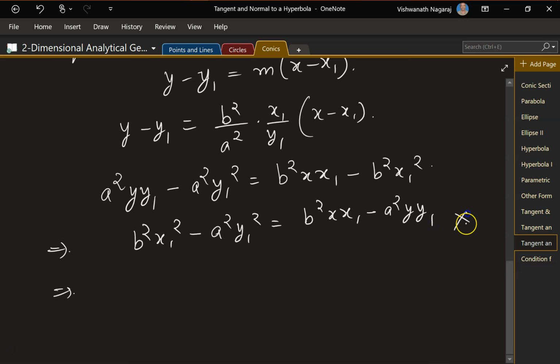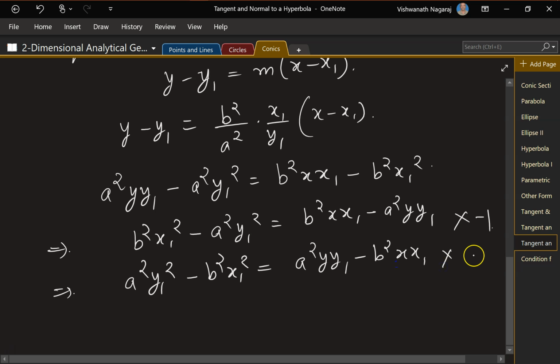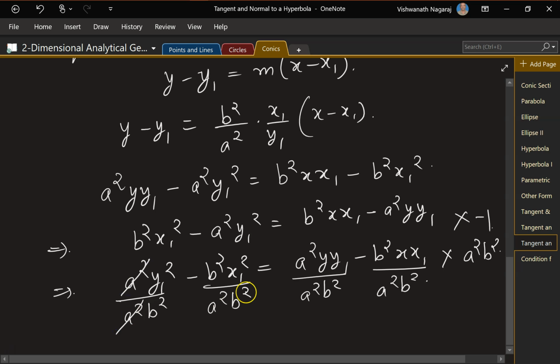Now let's multiply this whole thing by minus 1. So we get a squared y1 squared minus b squared x1 squared is equal to a squared y1 y minus b squared x1 x. Now let's multiply it by 1 over a squared b squared. So a squared gets cancelled, b squared gets cancelled.